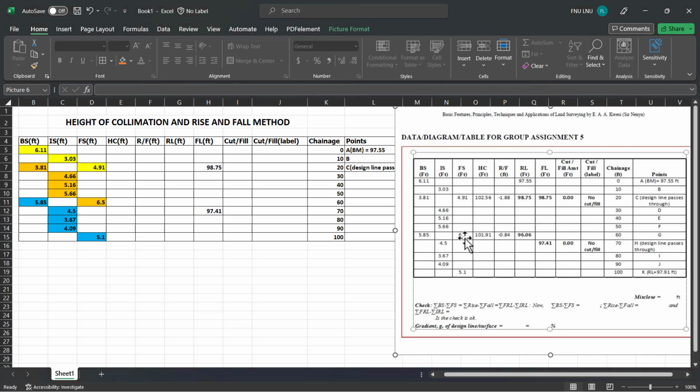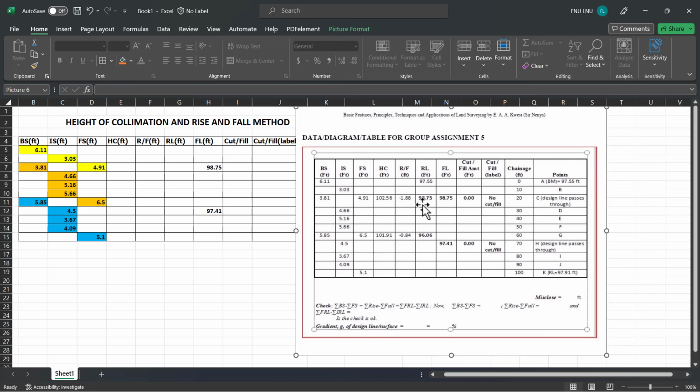When you look at the question here, some of the information in the table was filled already. They gave you the rise and fall here, the reduced level here, and the finished level here, and the height of collimation.